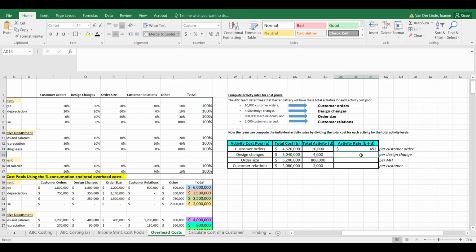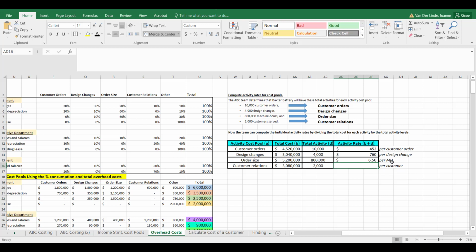We're going to do the same for all of these. So design changes. We're going to take the total cost in that cost bucket divided by the total design changes the company had for the period. So each design change costs the company in terms of manufacturing and non-manufacturing overhead about $760. Same with order size. We take the total cost in that cost bucket of $5.2 million and divide it by the 800,000 total machine hours that the company used for the period.